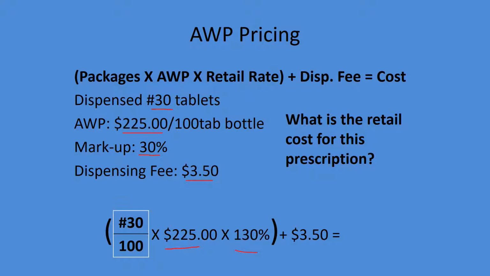Make sure you do all your multiplication first before you add in the dispensing fee, 3.5. So for this example, the retail cost of this drug would be $91.25. The patient would then usually pay a copay, maybe $10, and the balance is billed to the insurance company.